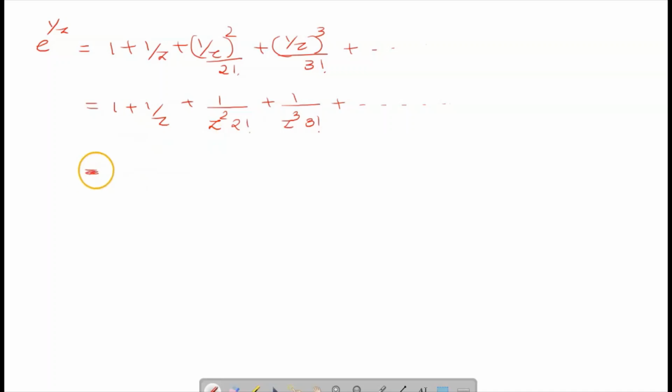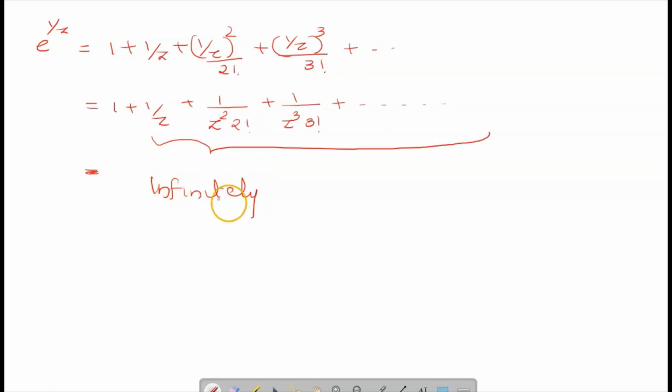So, this is the series of e raised to 1 by z with infinitely many terms containing negative powers of z: 1 by z, 1 by z square, 1 by z cube, the next term is 1 by z raised to 4, etc. So, infinitely many negative powers of z means the singularity is z equal to 0.